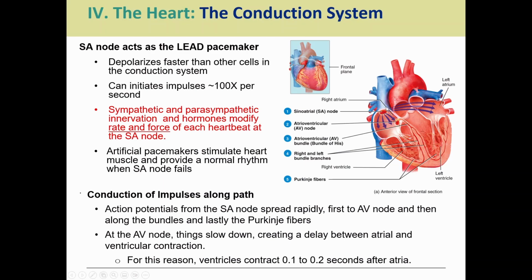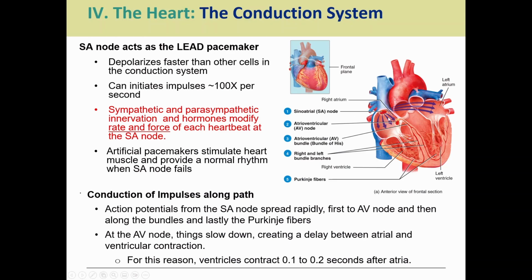So we're going from SA node to AV node to bundles, and then down to Purkinje fibers. When we go from the SA node to the AV node, it's very fast, but after the AV node, we slow down. And the reason we need the slowdown is because we need the atria to contract first and then the ventricles following.